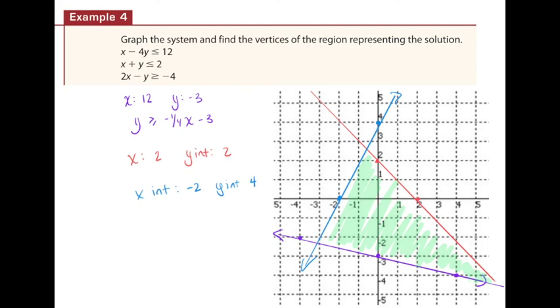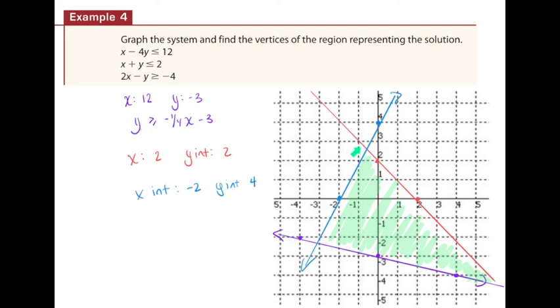They often ask you for where they cross, where the vertices are. And here's the thing. This is going to be a hard one to estimate, right? If you look in your book, where does this one actually cross? Well, it says -2/3 and 8/3. No one's going to probably guess that perfectly, -2/3 and 8/3, right?